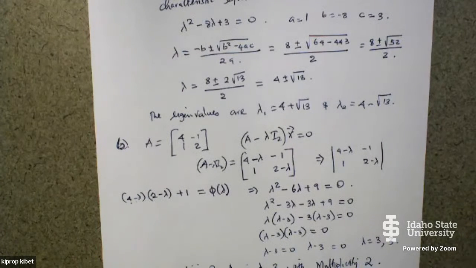With multiplicity, there are 2 values of 1. So you write them: the eigenvalue of A is lambda equals 3. If there are 3 of them which are the same, then it must be multiplicity 3. Any question?